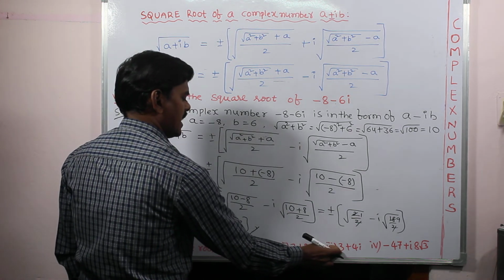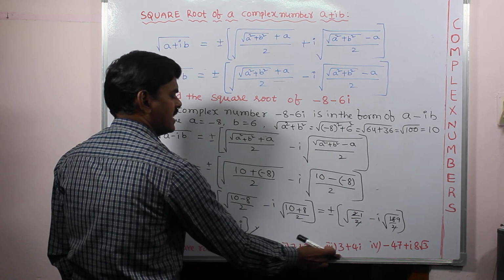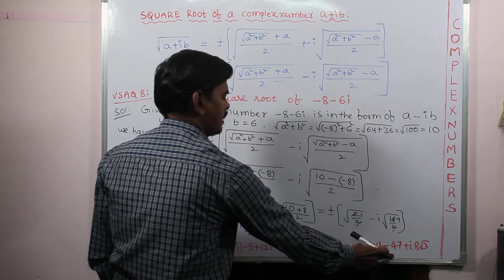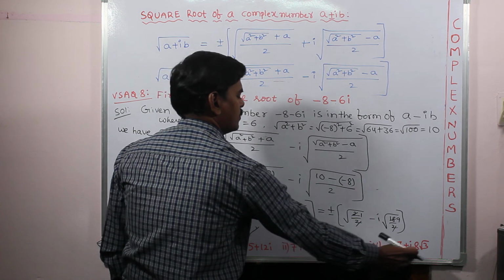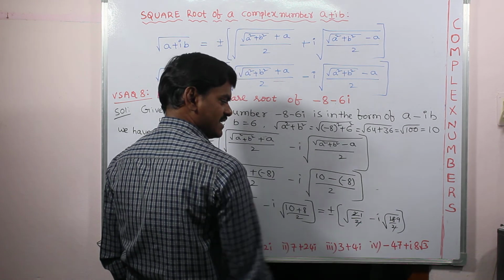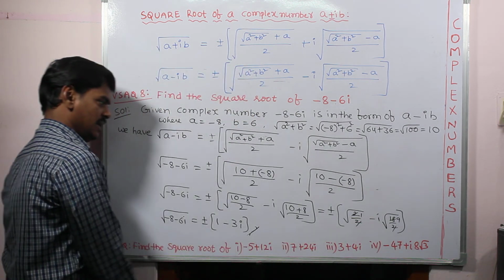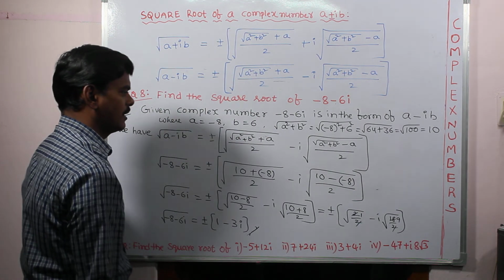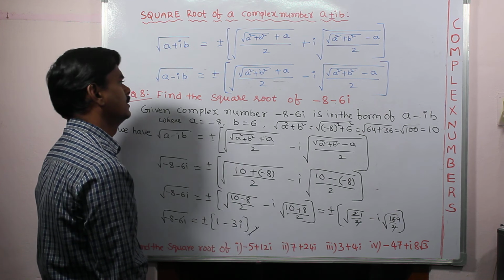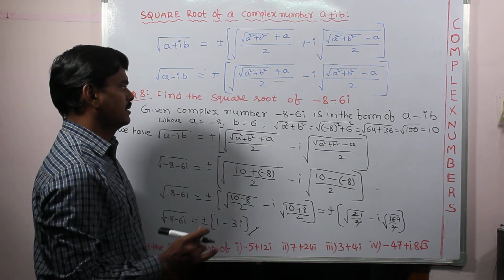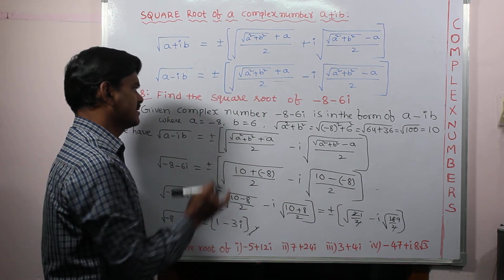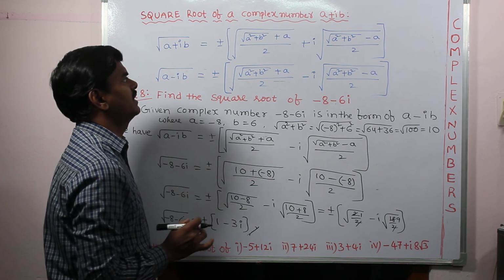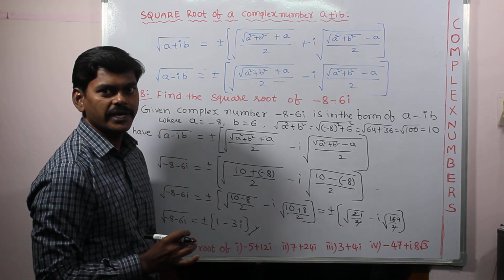Next, here a plus iota b, a value 3, b value 4. Here also a plus iota b, a value minus 47, b value 8 root 3. Because of big numbers, be careful regarding the simplification part. So students, you must learn this problem because this is one of the important VSAQ problems. Okay, thank you.